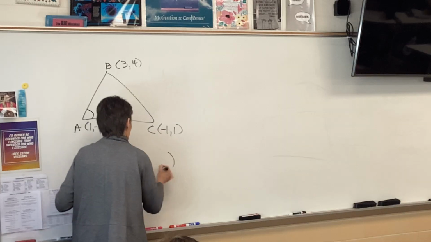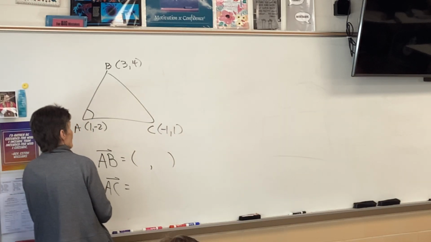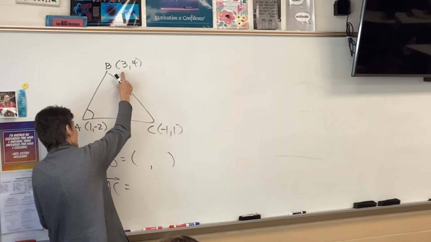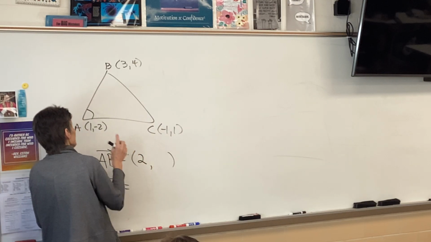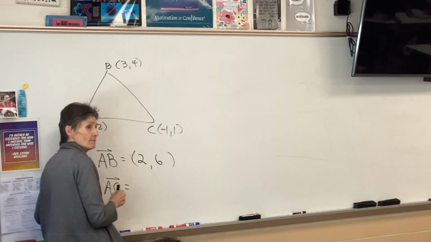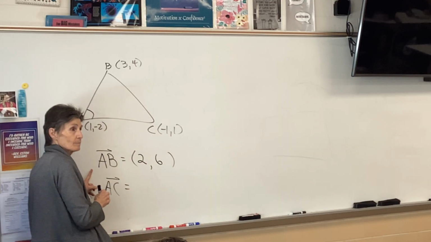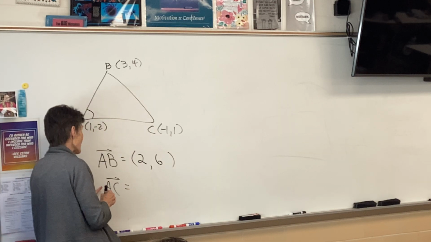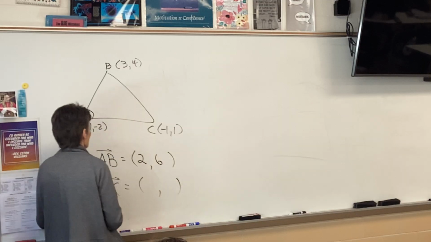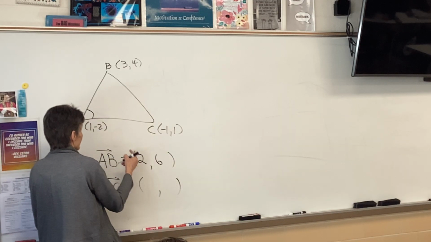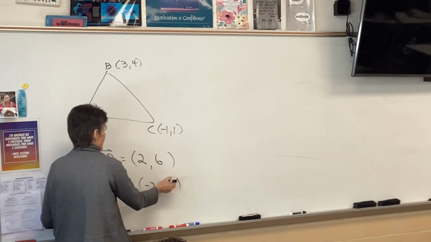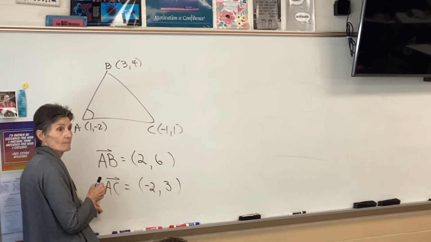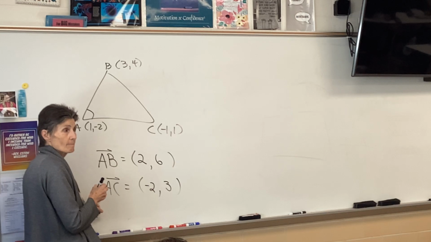So describe the movement from A to B. 2 in the X direction, and 6 in the Y. And then A to C. A to C would be -2, 3. Good?